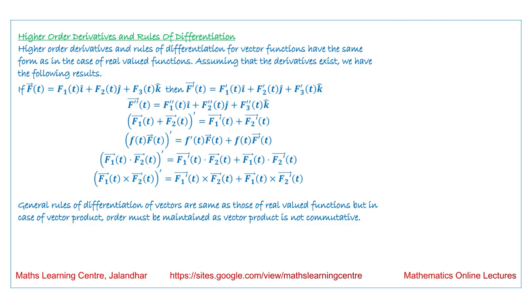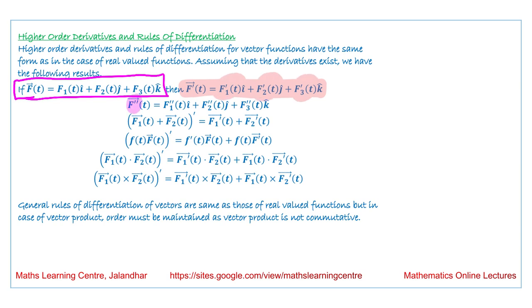Next we have the higher order derivative and rules of differentiation. We have similar kinds of rules as we have for scalar functions. If we have the function f of t given as f1 t i cap plus f2 t j cap plus f3 t k cap, and we differentiate it once, the components are differentiated.